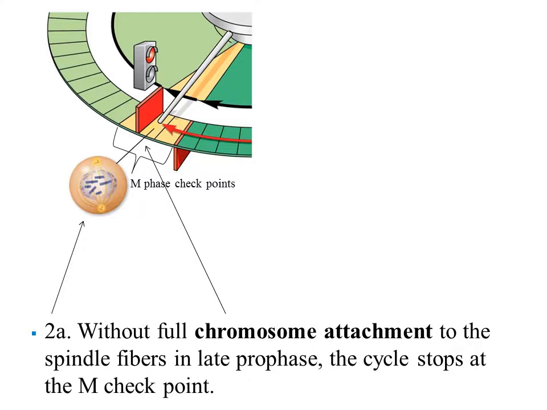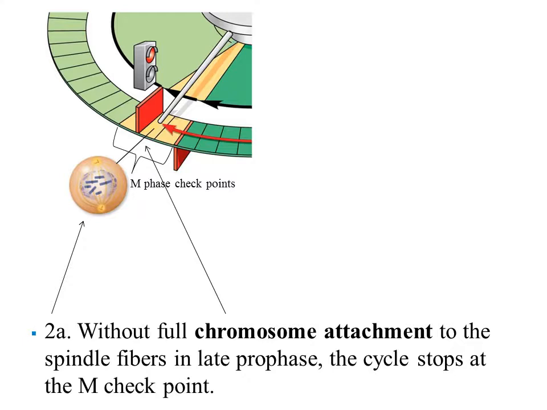So the centrosomes create the spindle fibers. These spindle fibers are attached to the kinetochore within the centromere. If one of them does not attach appropriately, then the wall stays up. If all of them attach, then the wall can come down.